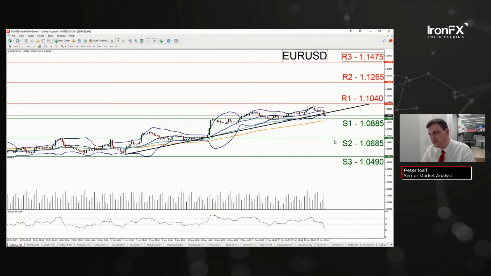And that may be signaling that the break before was a false break. And in that case, we may see it breaching the R1 1.1040, forming a higher high than this one, and practically start aiming for the R2 1.1265.